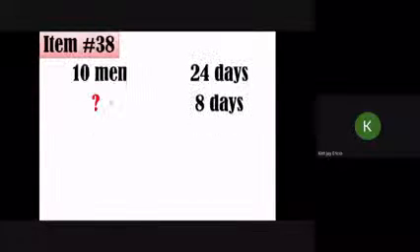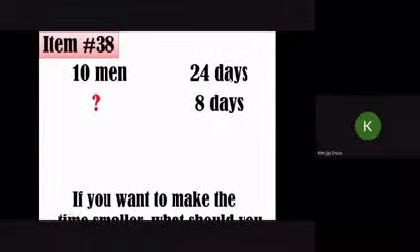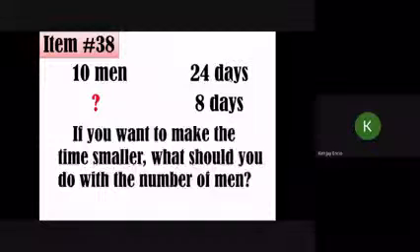And the thing is, 10 men, 24 days. How many men for 8 days? You could see, if you want to make the time smaller, so you notice guys, 24 became 8. What should you do with the number of men? Will you increase or decrease? Of course, we have to increase because more men working means less time.